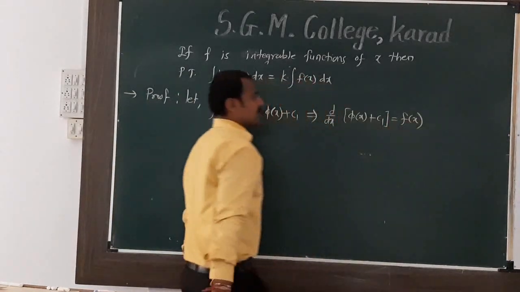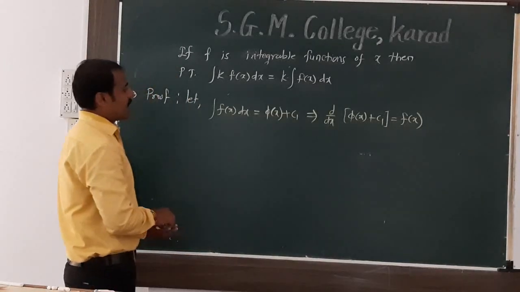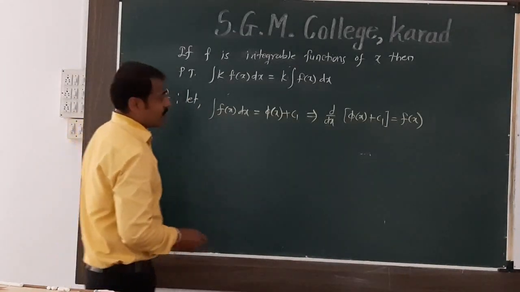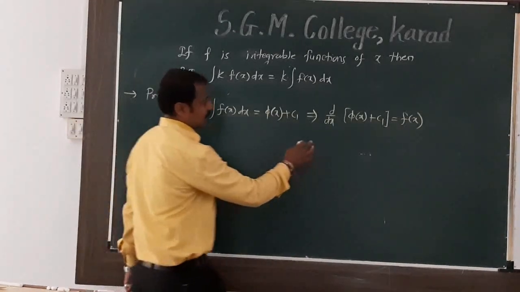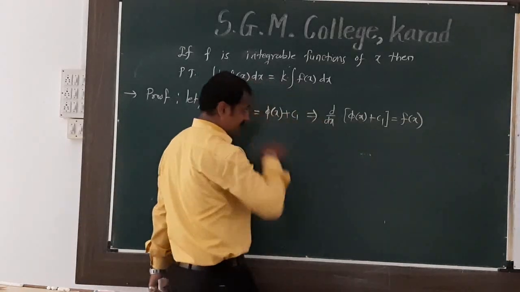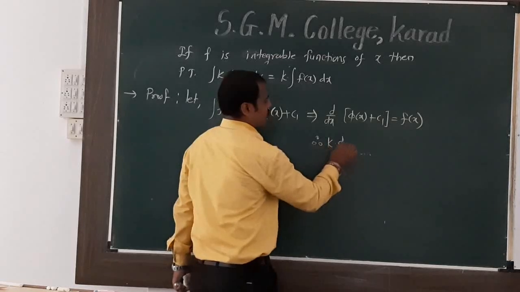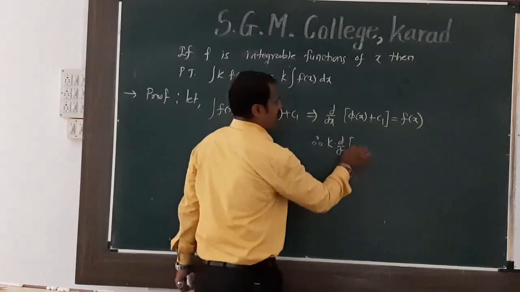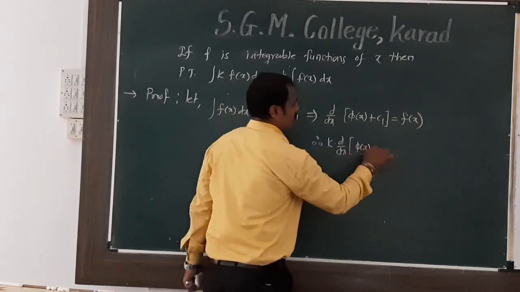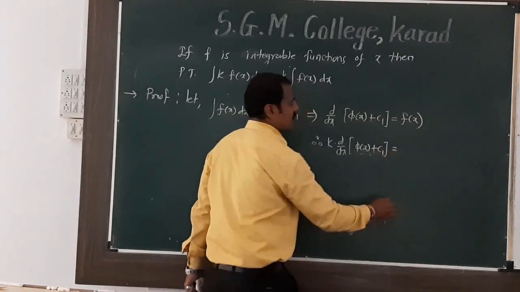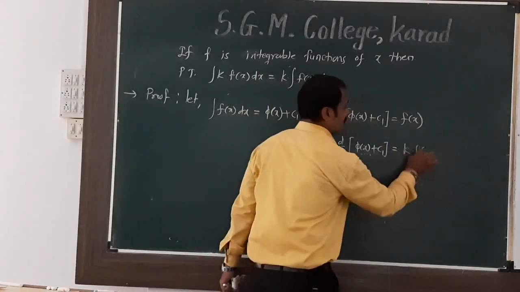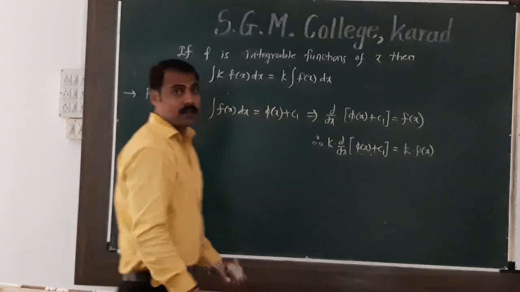Okay, now multiply both sides by k. So k into d/dx of phi of x plus c1 is equal to k into f of x.